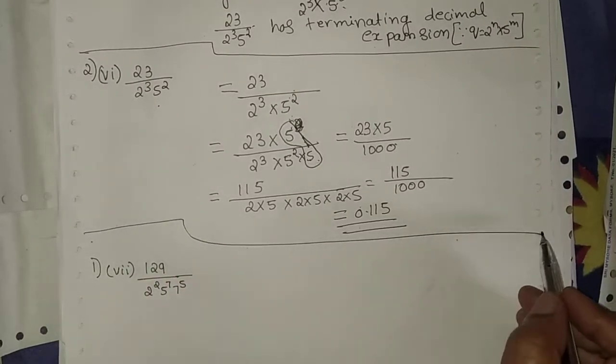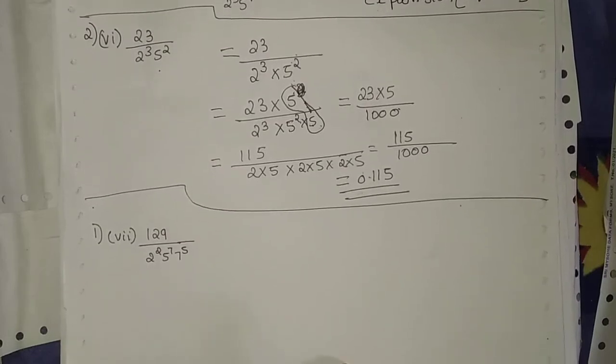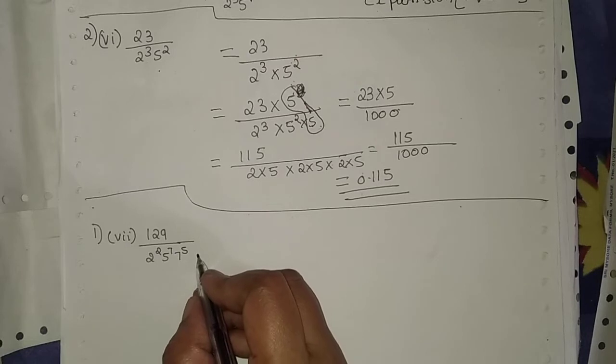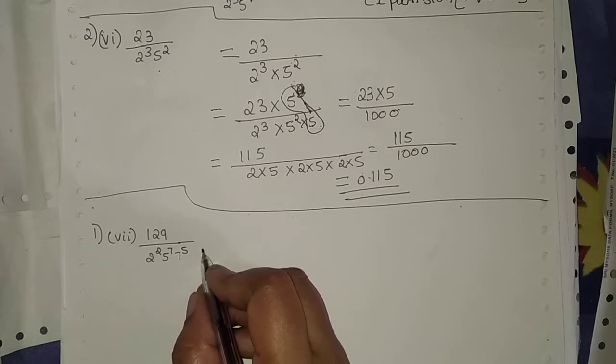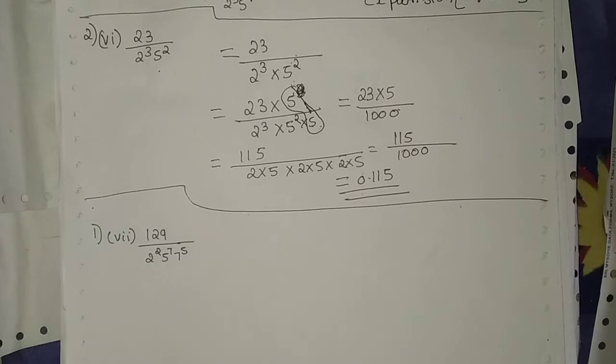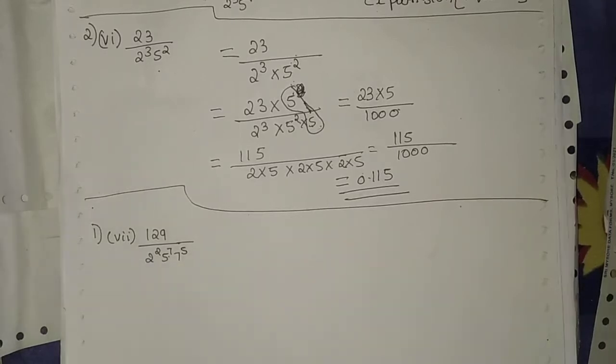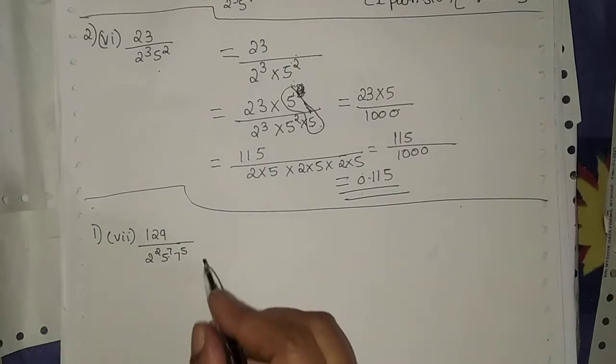We move on to the next one, that is the seventh problem. We have this one, 129 by 2 square 5 to the power of 7 and 7 to the power of 5.